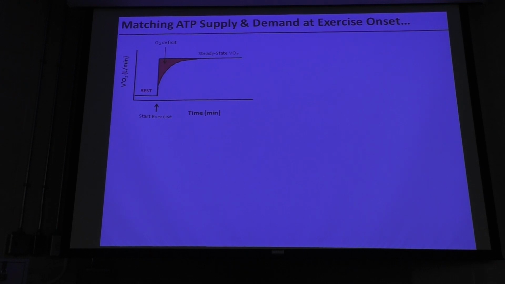Slow. Now, if our oxygen deficit looked like this, and we had a very, very small area subtended by that demand to supply curve, what would that say about the rate at which oxidative phosphorylation is able to be turned on? It's quicker.